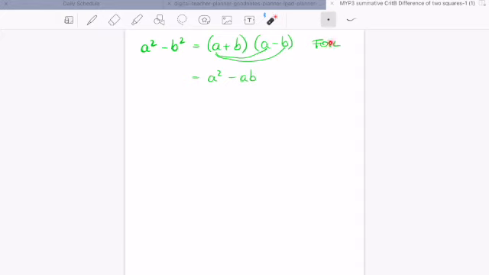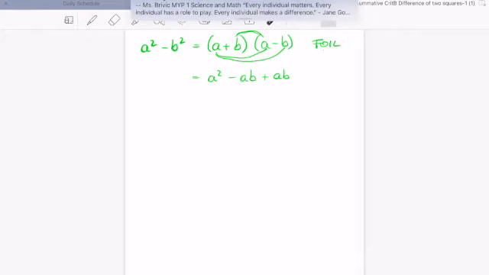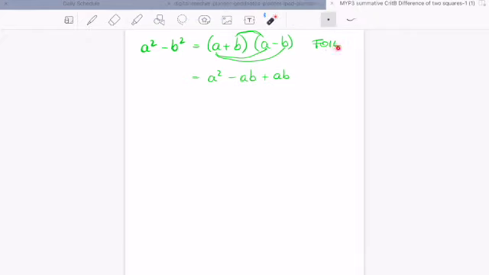Then we want to do the inside, which is B times A, which is the same as AB. So plus AB, and finally we have the last here, B times B giving us B squared.